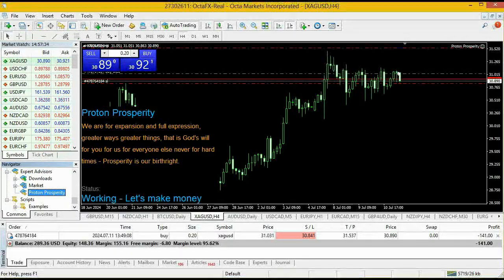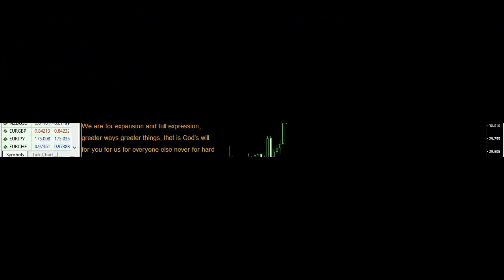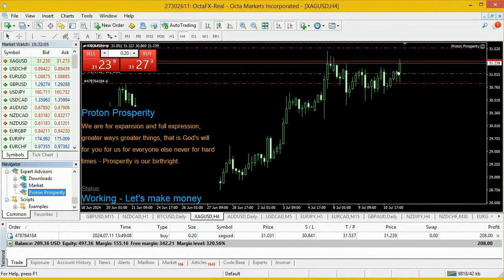Moving forward. 1 hour 6 minutes into the trade. Our stop loss is threatened. This is where we are, 1 hour 41 minutes into the trade.